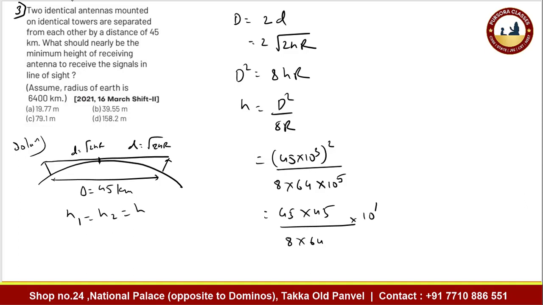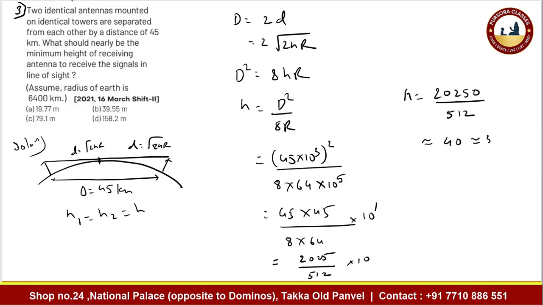So if you solve over here, 45 squared will become 2025, and if you multiply 64 with 8, we get 512 into 10. So your H will be equal to 20,250 divided by 512.